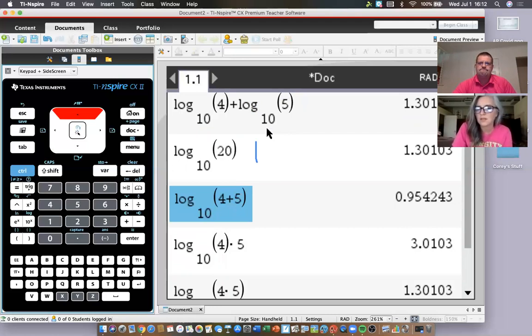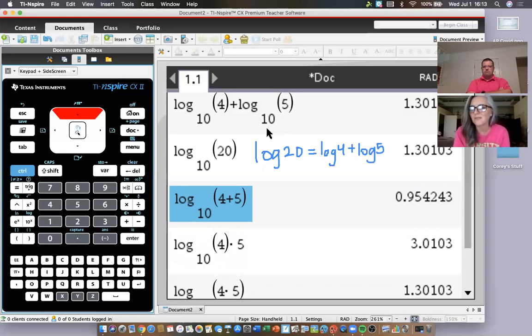So what we're saying is that log of 20 is equal to log of 4 plus log of 5. Will that always work? Is it just working because of 4, 5, and 20?